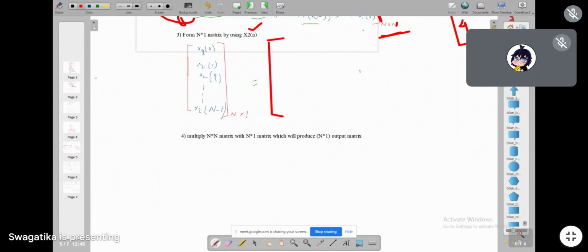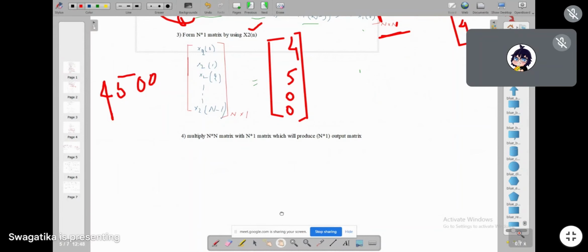What is my x2 of n? 4 5 0 0. Simply I am putting here 4 5 0 0. Right? Now what you have to do is go for the matrix multiplication.